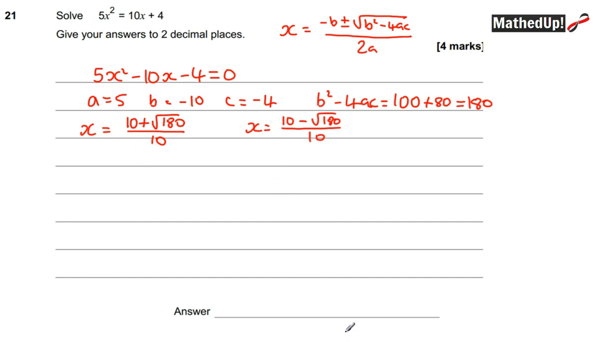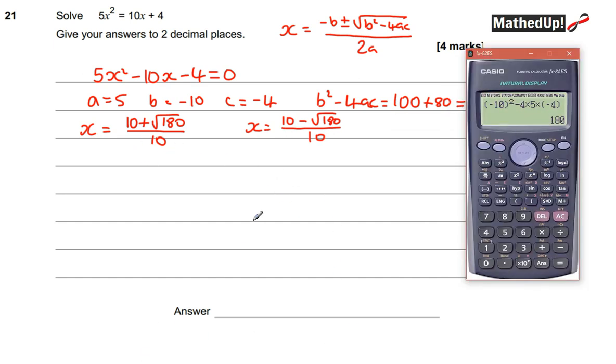Okay, and now grabbing my calculator again, I've got 10 plus root 180 divided by 10, and that gives me 2.34.